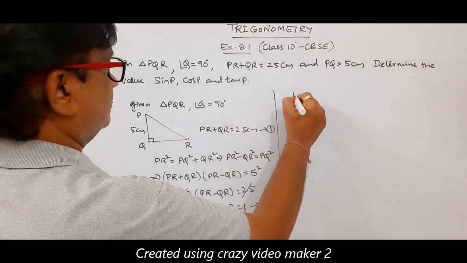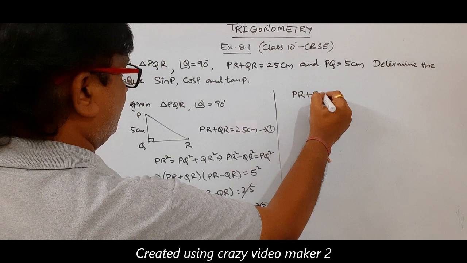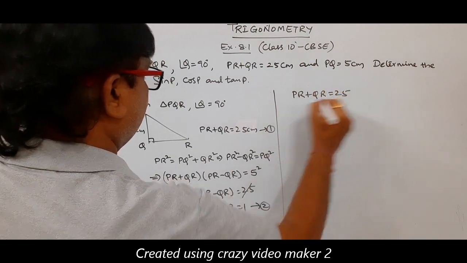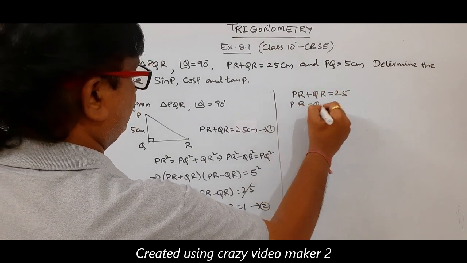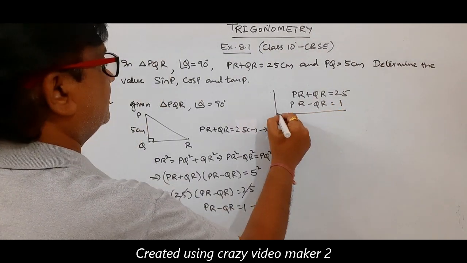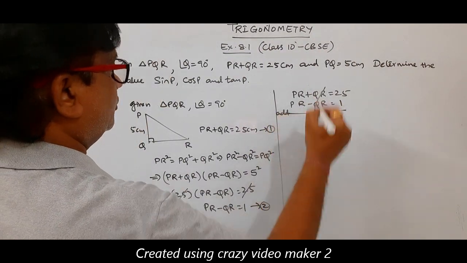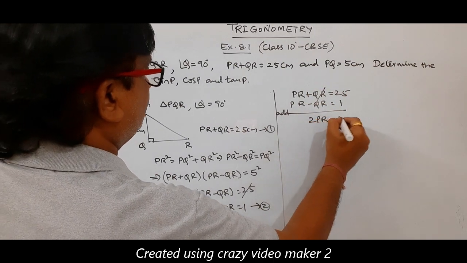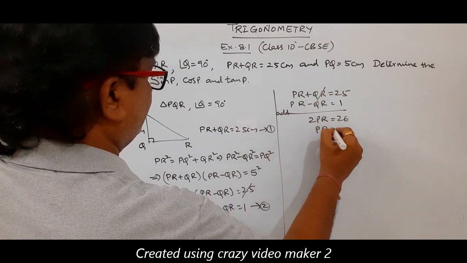Solve these two. PR plus QR equal to 25, PR minus QR equal to 1. By adding, QR cancels, 2 PR equal to 26, PR equal to 13.